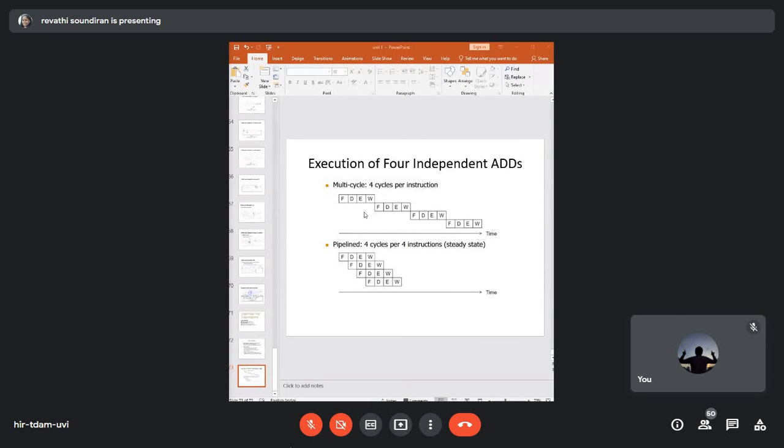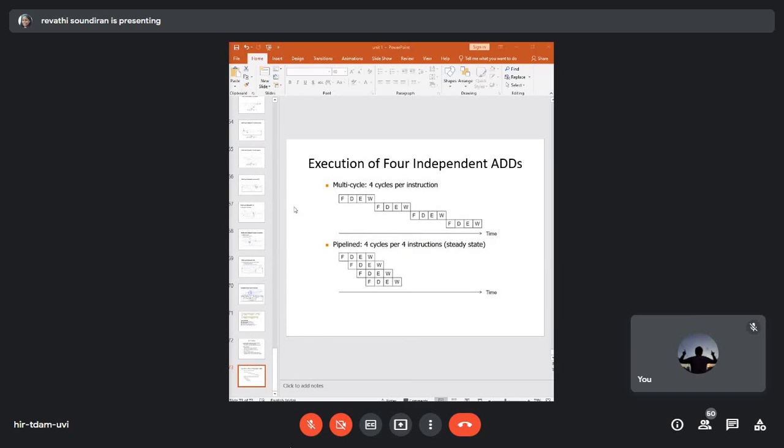So in the multi-cycle, if I'm trying to distinguish my multi-cycle from your pipeline architecture, I will have one complete instruction being executed, and then only the next instruction is going to start. I'm considering each state.